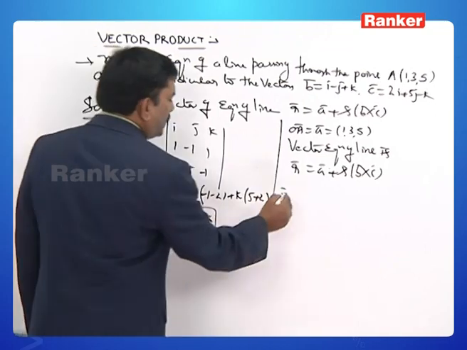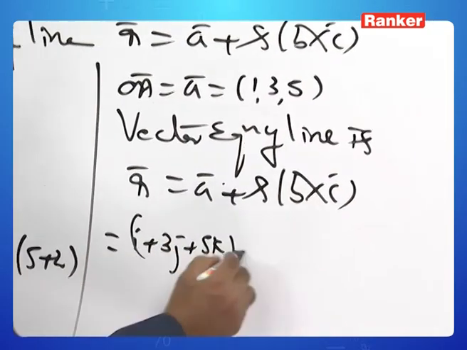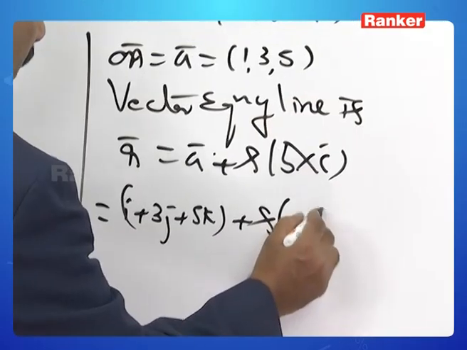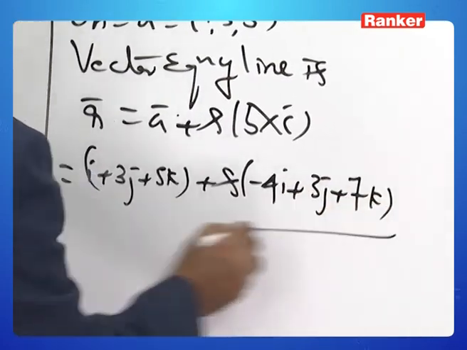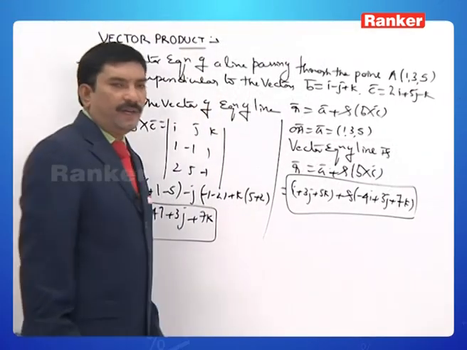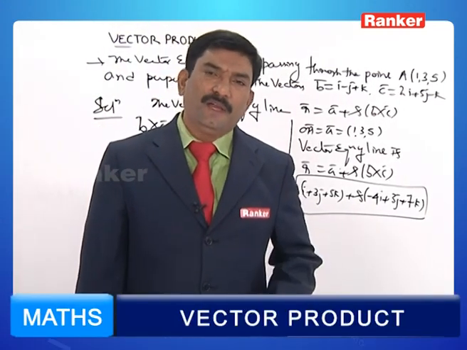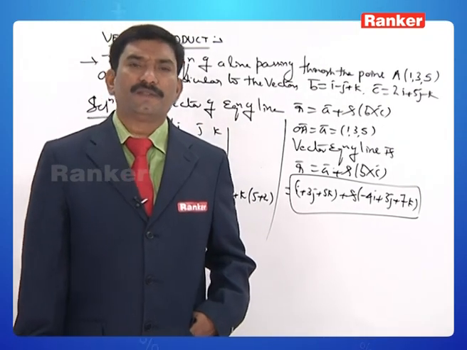This is nothing but i plus 3j plus 5k plus S into minus 4i plus 3j plus 7k. This represents the vector equation of a straight line passing through the point A of A bar and perpendicular to the vectors B bar and C bar.